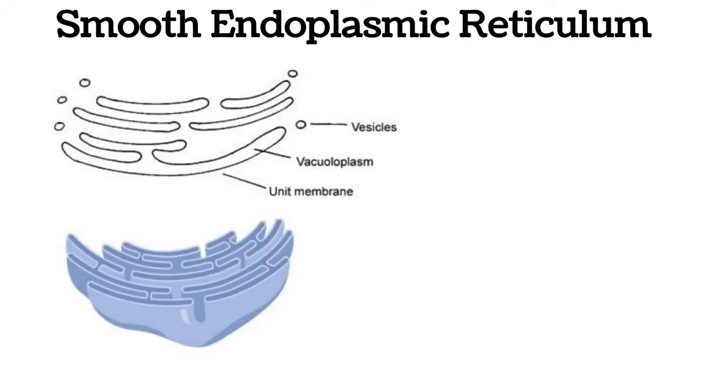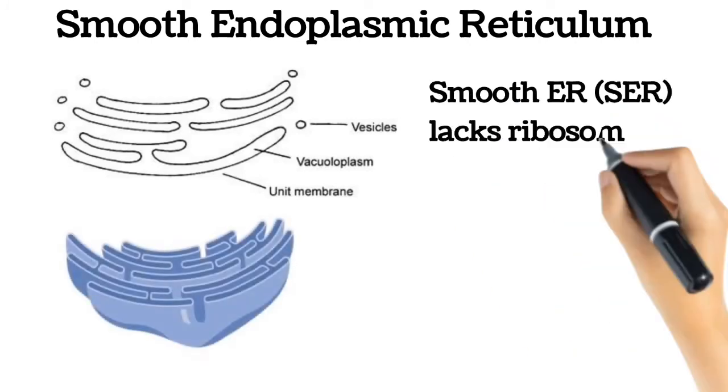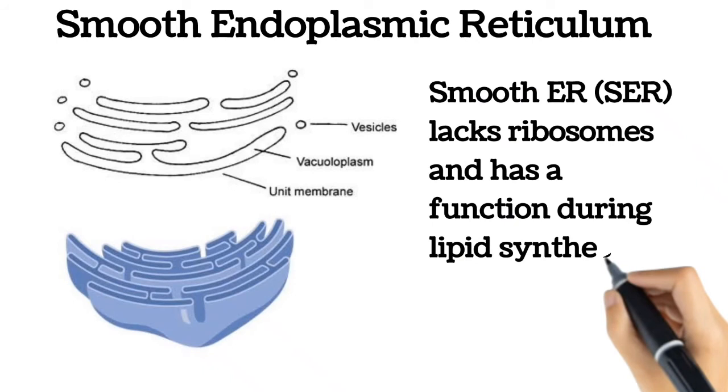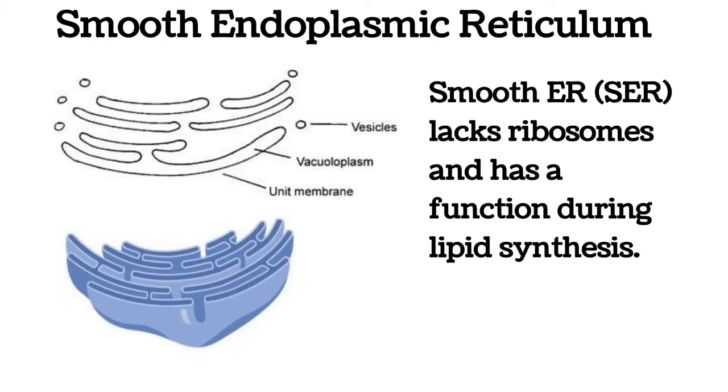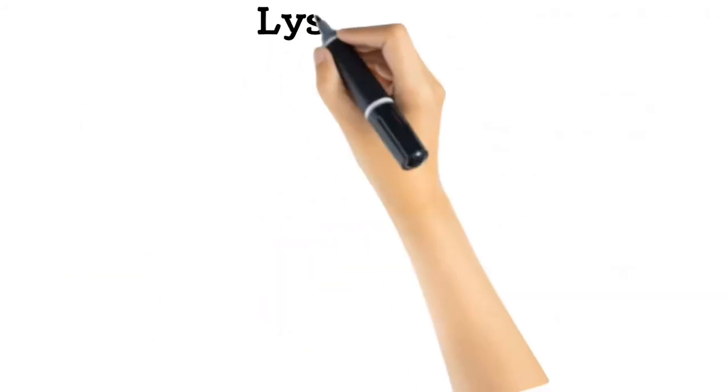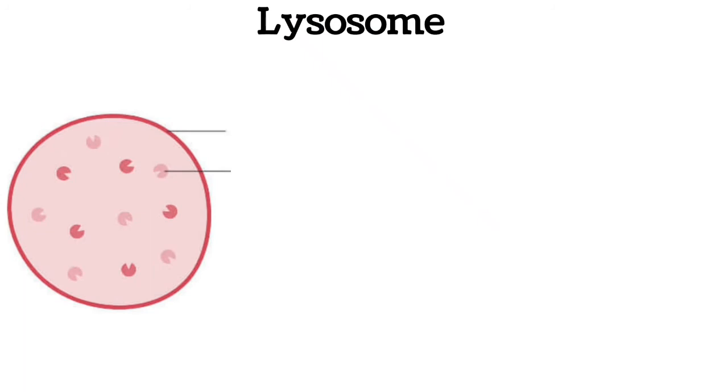The smooth endoplasmic reticulum. The smooth ER is the endoplasmic reticulum that lacks ribosomes, and its major function is lipid synthesis. That means its function is lipid production.